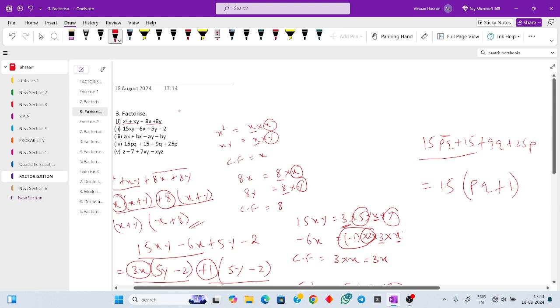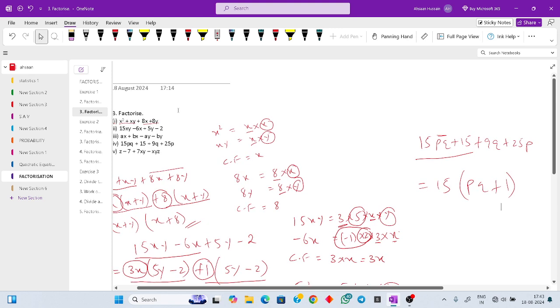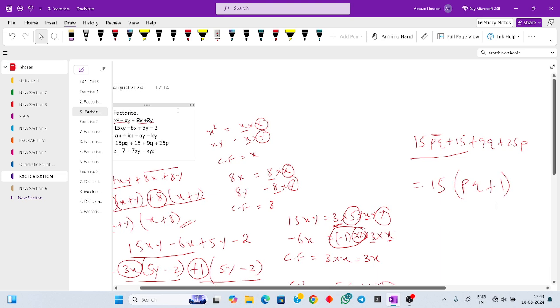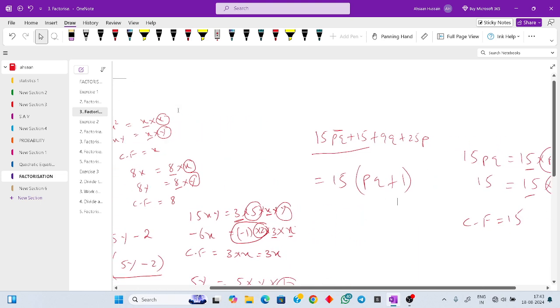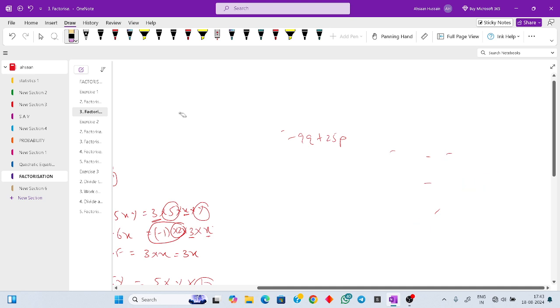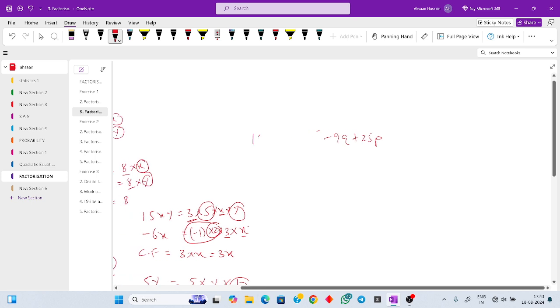Wait, 9Q plus 25P. I think we have to rearrange this expression first. Then only we'll be able to solve it. Okay, wait. This is incorrect. We have to rearrange the data first. So the question was 15pq plus 15 plus 9q plus 25p.